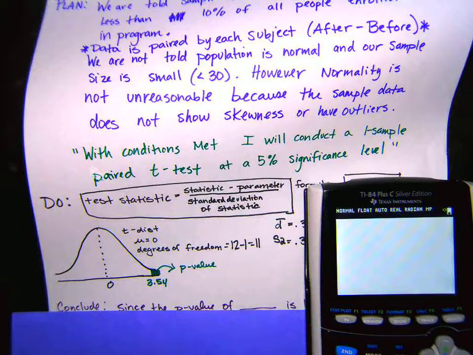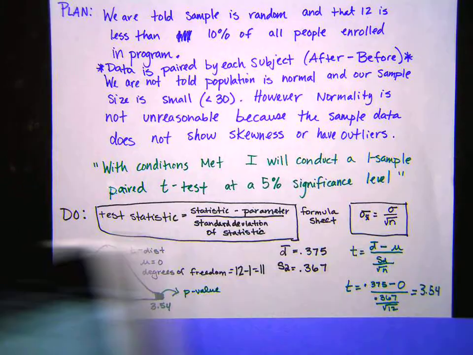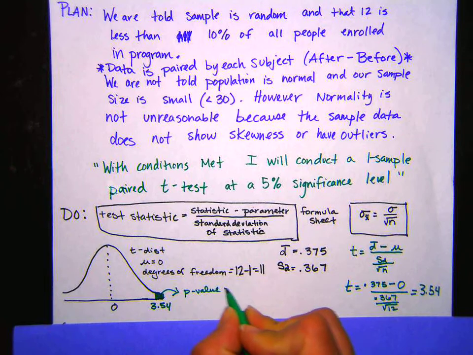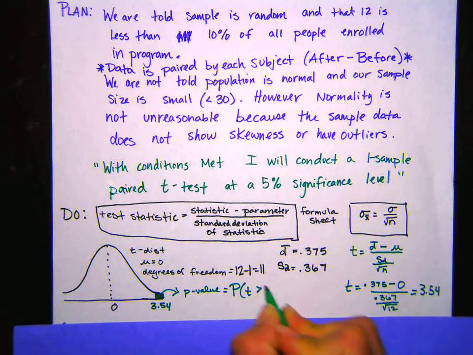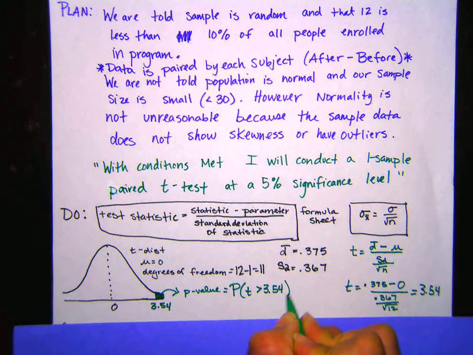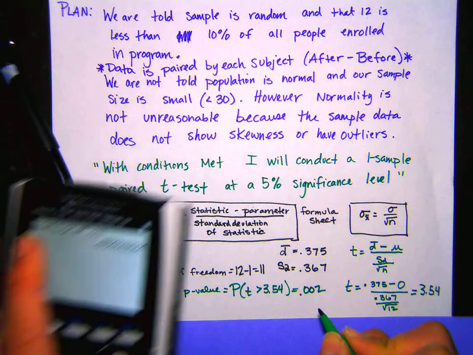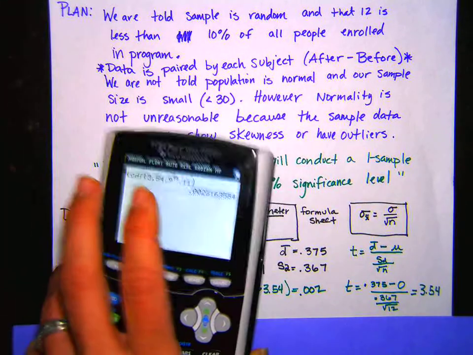And I get a p-value equal to 0.002. So the area under that curve is 0.002, or 0.2%.